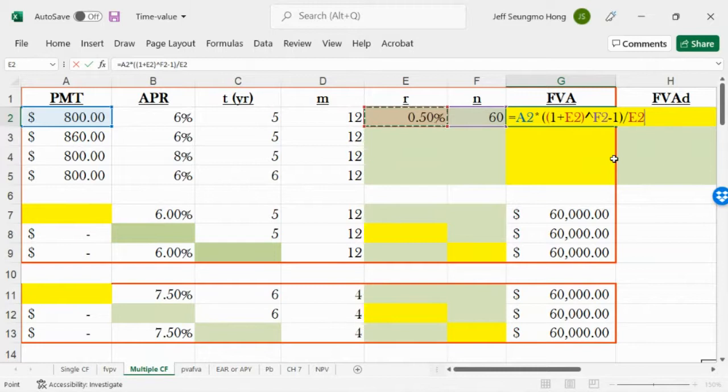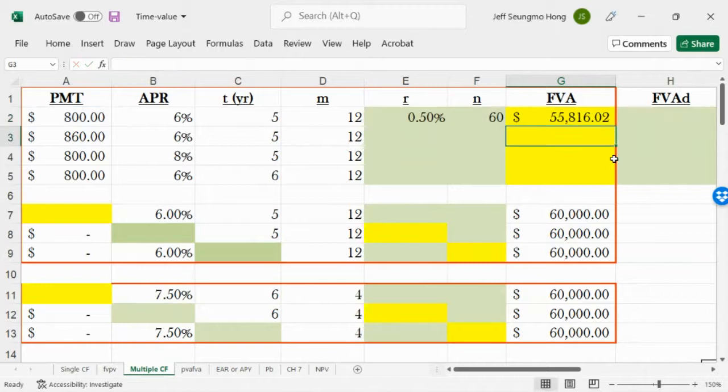Everyone is good to that point, and hit enter.